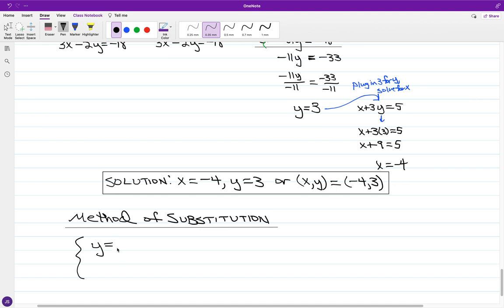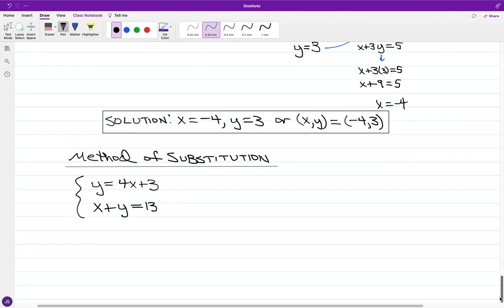So I'll say we have y is equal to 4x plus 3. They have the x and the y terms apart from each other, and we're still looking at the same values of x and y, where you're also going to have x plus y is equal to 13. So you're looking at the same x and y values that will ring true for both of these equations.